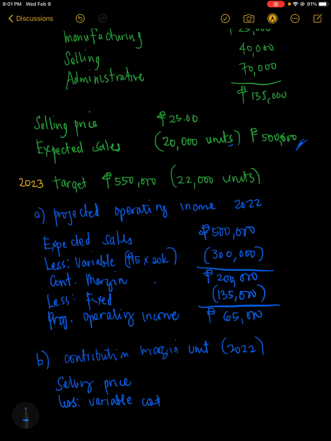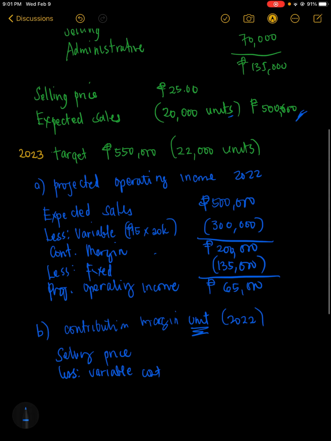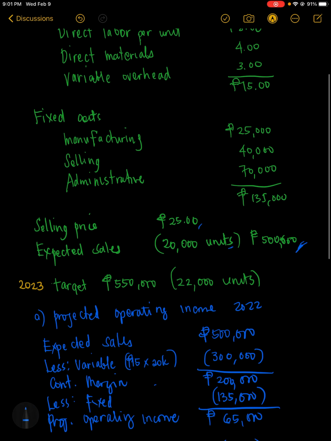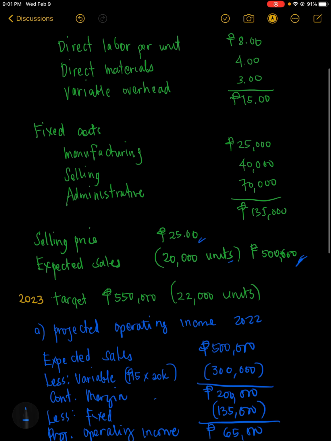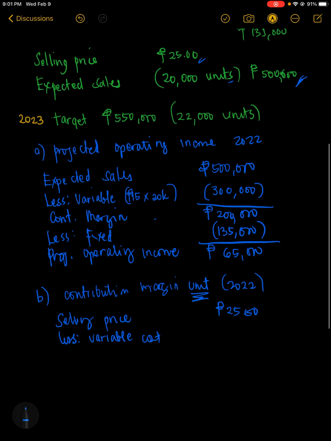But since per unit ang ating tinitignan, per unit din ang ating information na dapat kuhanin. So, our selling price based on problem, it's 25. And based on our problem, our variable cost per unit is 15. So, minus 15, which will give you a 10 peso contribution margin per unit.